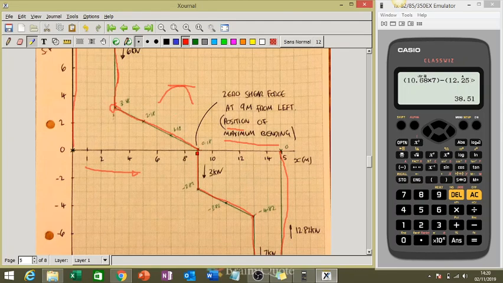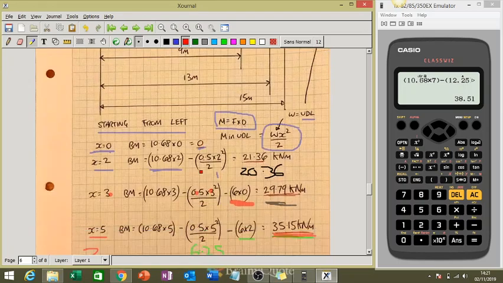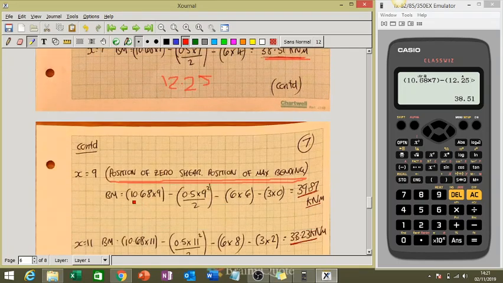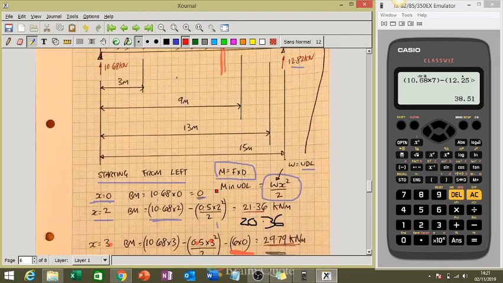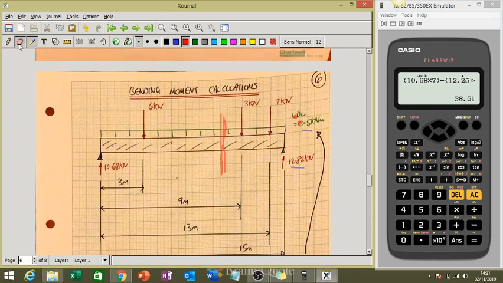So hopefully, whatever number we get, when we go further along, the number should be coming down back to 0. So once you've found the maximum bending moment, that's the important point. So x equals 9.